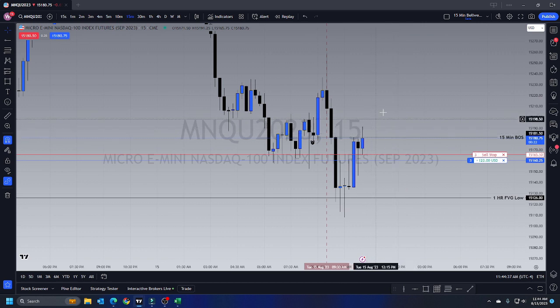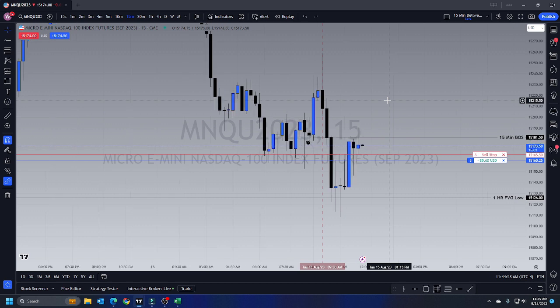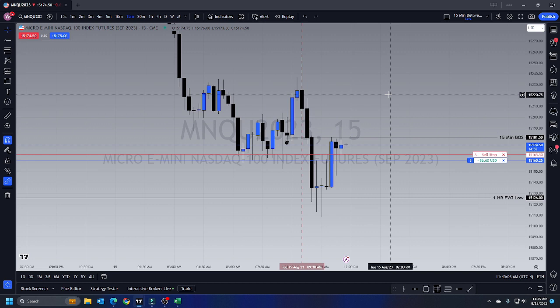If it does not, and we're getting close to lunchtime, then I may collapse the trade, because if this candle doesn't close here, we have a higher probability of continuing to the downside unless we break structure back to the upside. So why did I take this trade? What did I see? What was I looking at? What happened? Let's get into it.